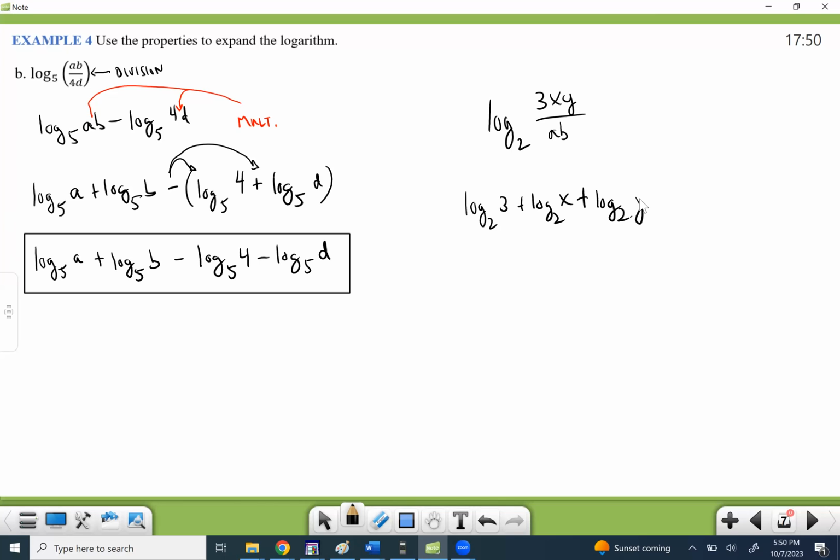And then anything in the bottom would have some minuses. So minus log base 2 of a minus log base 2 of b. We can go in one shot. We don't have to do this in-betweener step, or these in-betweener two steps, right? We went from the original problem to the final answer because we just knew all the tops would be pluses and all the bottoms would be minuses. Okay, so I'll just label this extra example.